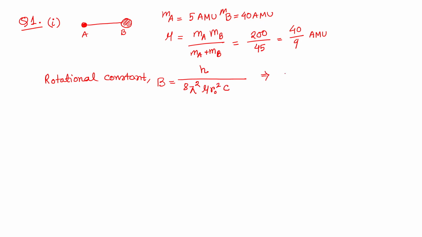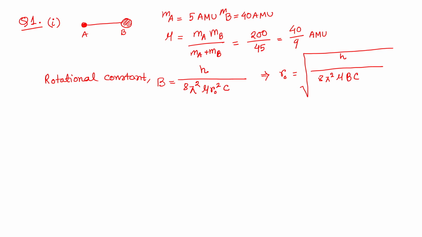So from here your r naught is going to be root over h by 8 pi square mu B multiplied by c.